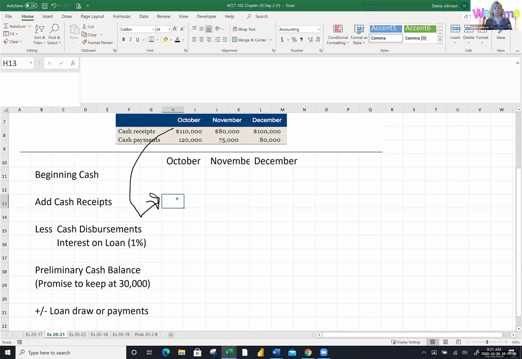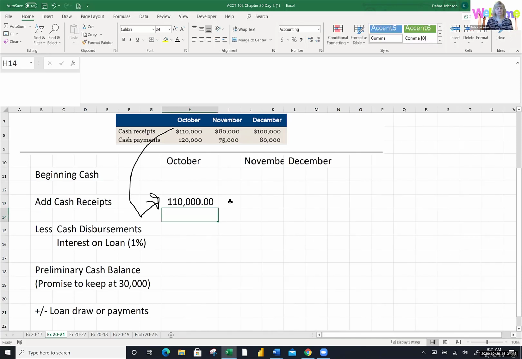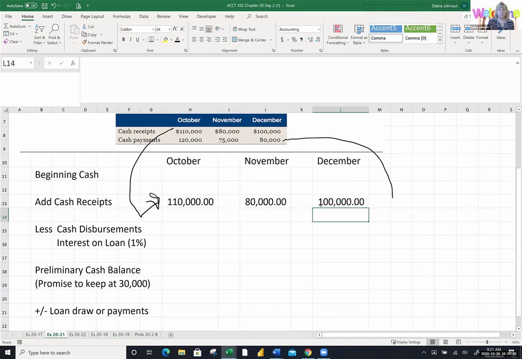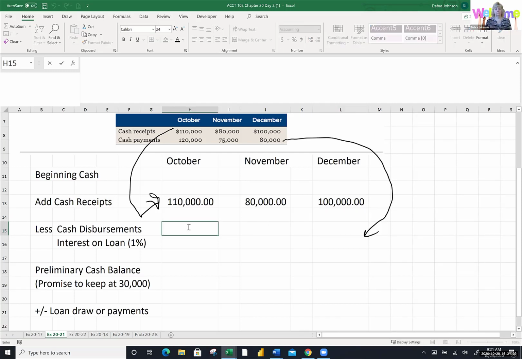So here's my cash receipts. And then we'll do the cash disbursements.